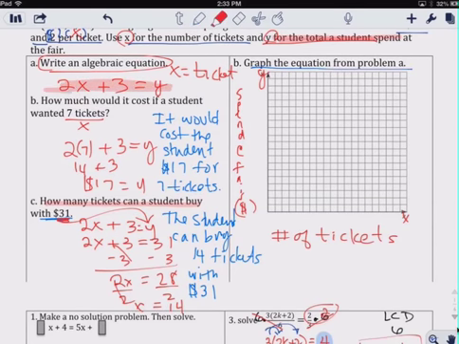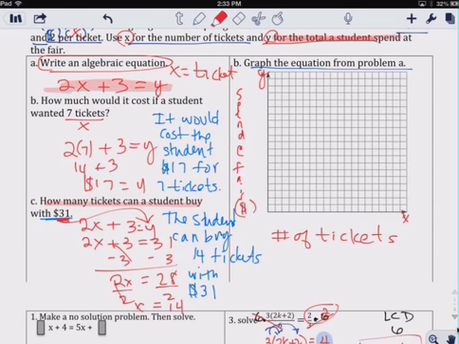Right here you need to distribute. 5y minus 20 equals 3y. On this side we need to combine the like terms, 10 minus 4, 3y plus 6. You get the lowest variable.